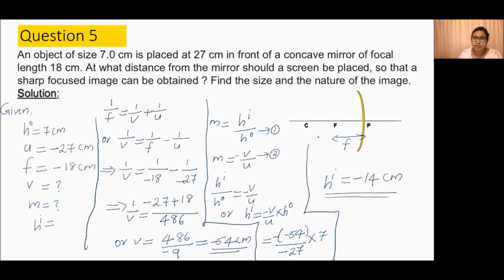That indicating that the image is placed at a distance of minus 54 centimeter on the left side of the mirror, and the image is real, inverted, and highly enlarged.